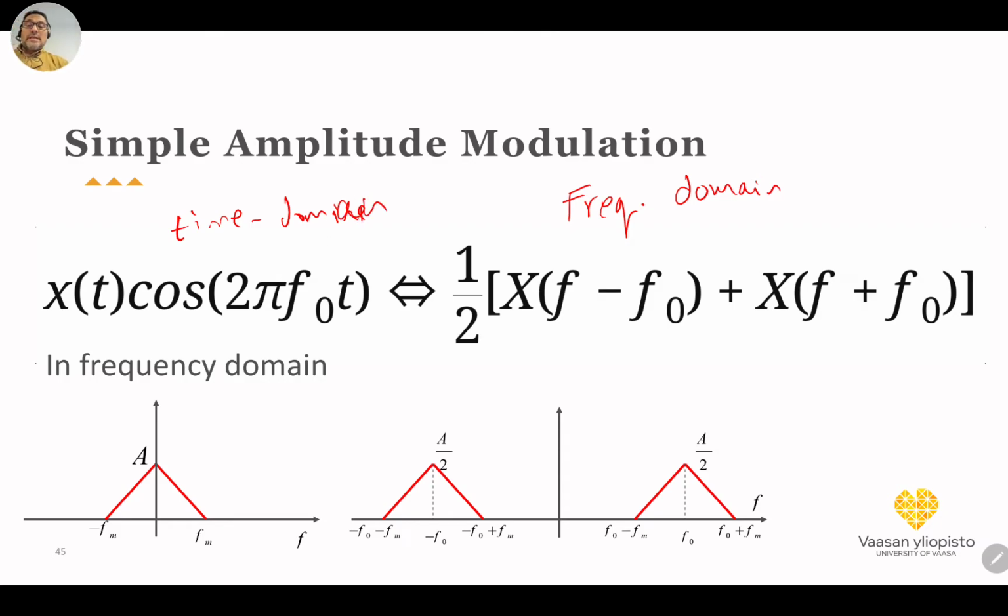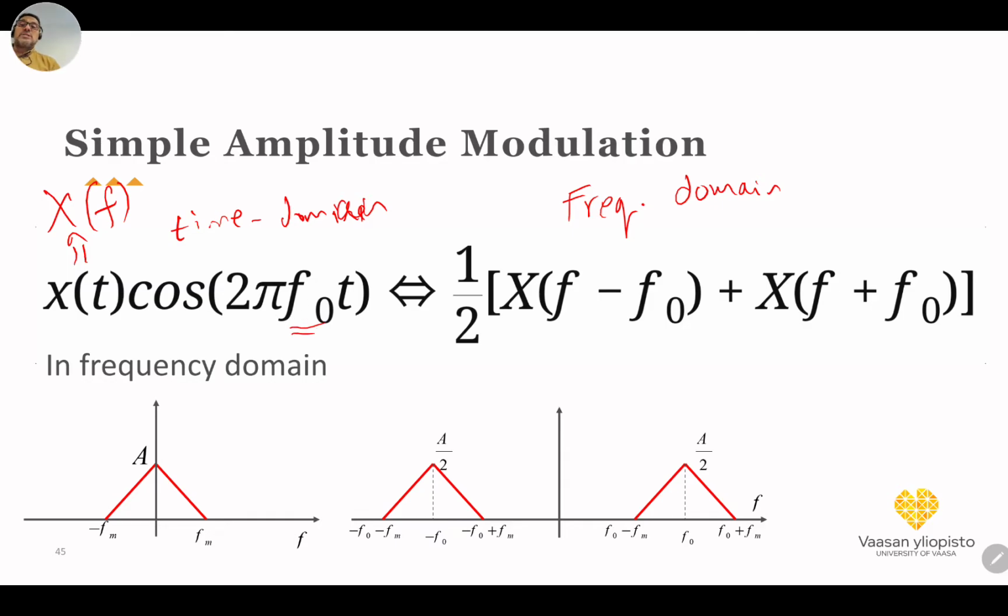The multiplication in the time domain of a signal by a cosine results in a shift of the Fourier transform of x of t, which of course we call x of f, with a capital X. So it will be the shift of x of f to the right and to the left by the amount of the carrier frequency f0.